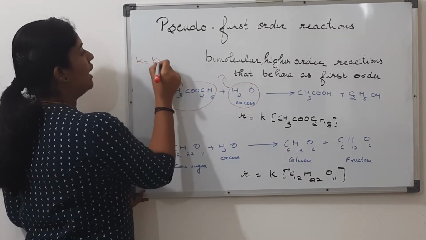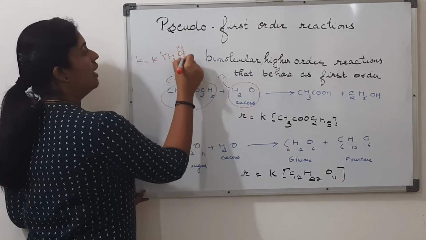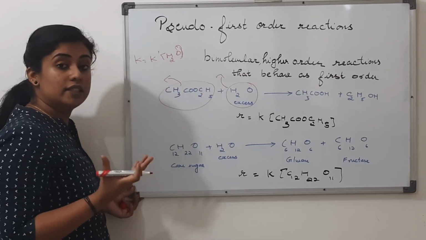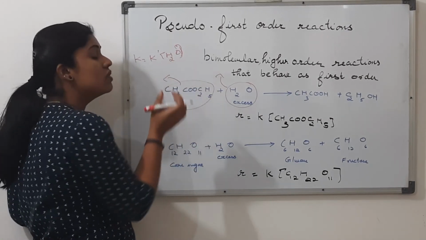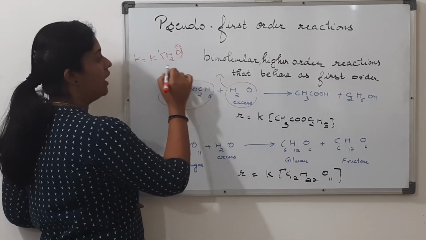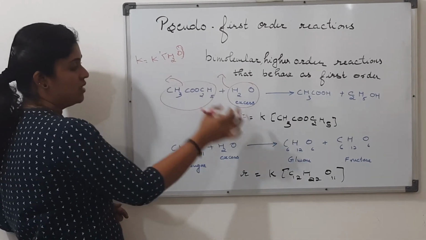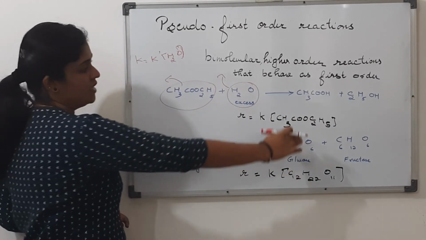actually K dash into the concentration of H2O, and since that concentration is so high, the change is negligible, so it is also considered a constant. So the K we have here is actually K dash into H2O, which is a constant, and the change in concentration is only for ethyl acetate, and that's written here.